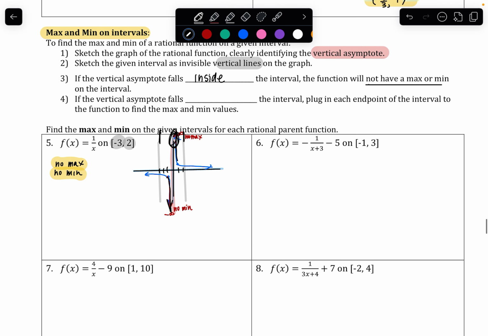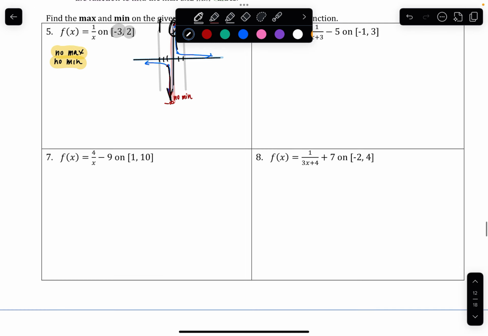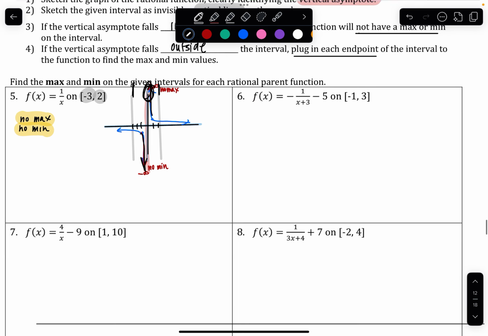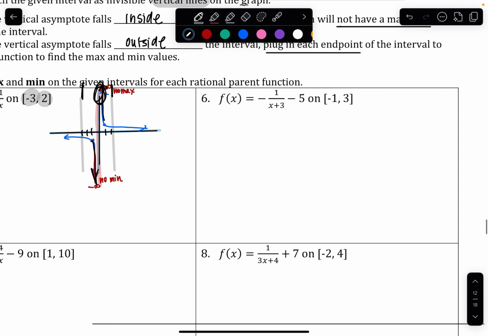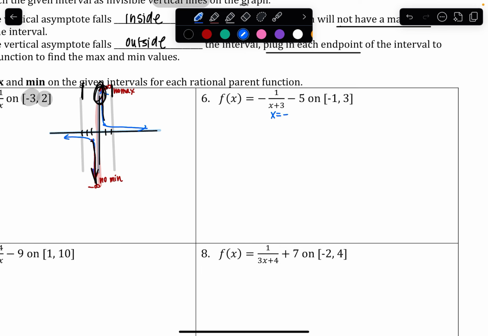Okay, if the vertical asymptote falls outside, you just need to plug in each endpoint to figure out the max and min. Looking at this next example, my vertical asymptote is at x equals -3. So if I were to sketch where -3 is, I know this function has a vertical asymptote at -3.